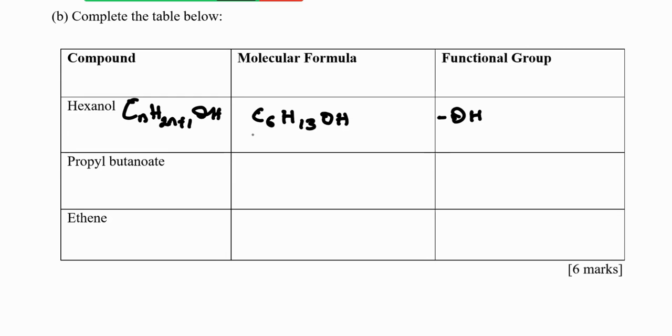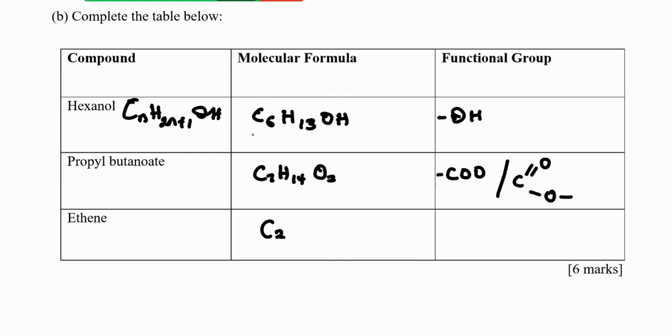Okay. Now, the next one is propyl butanoate. Propyl butanoate would be C7H14O2, and this is an ester. The functional group of an ester is COO, or it can also be written like this. And then the next one is ethene.